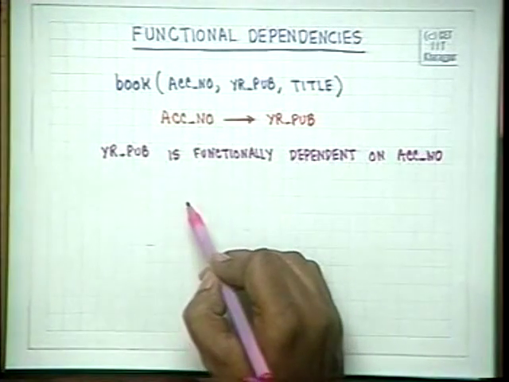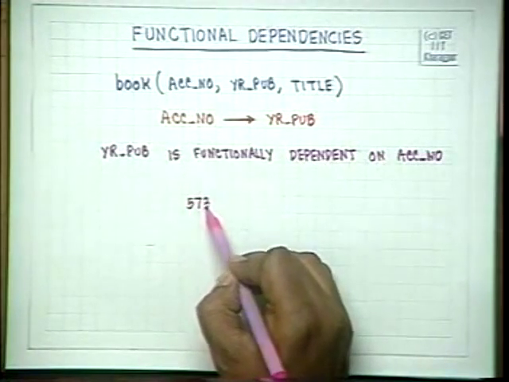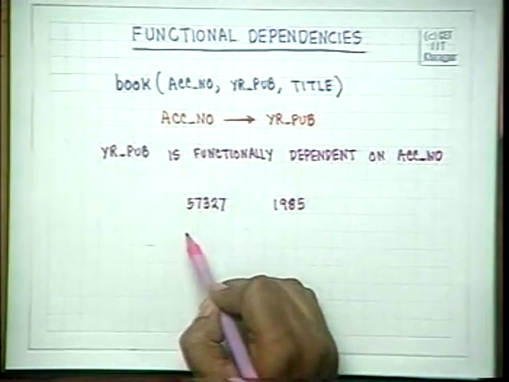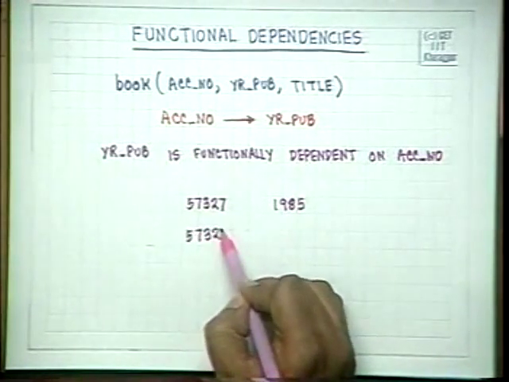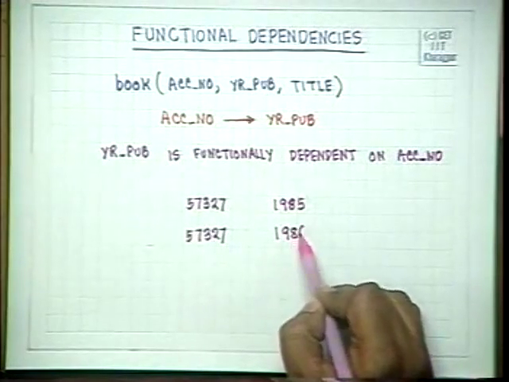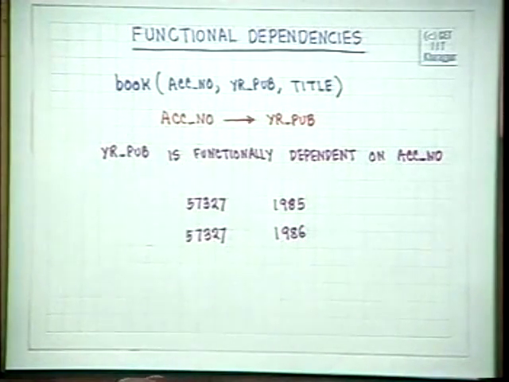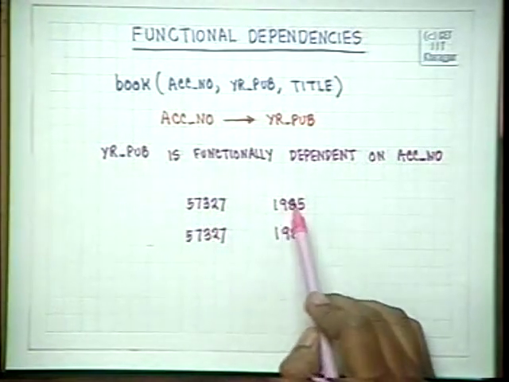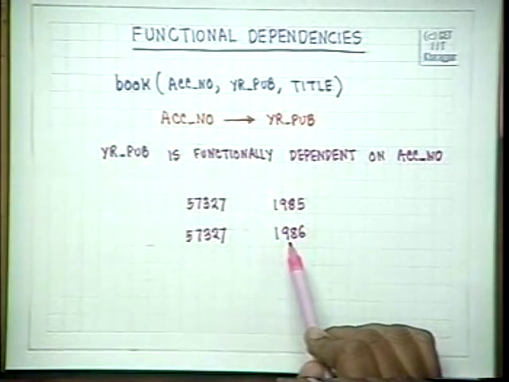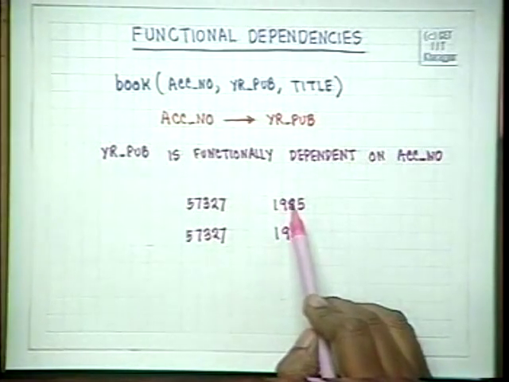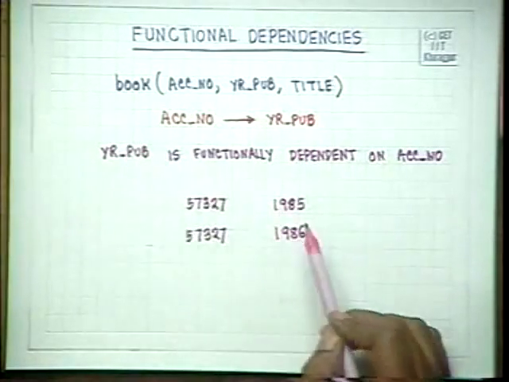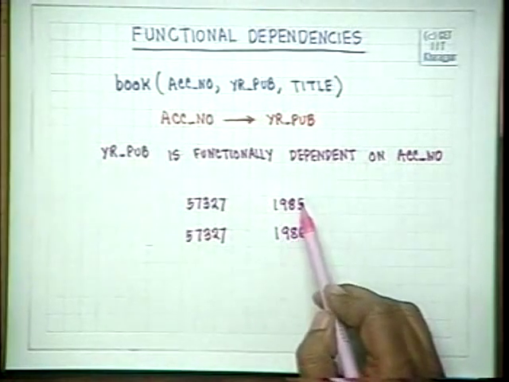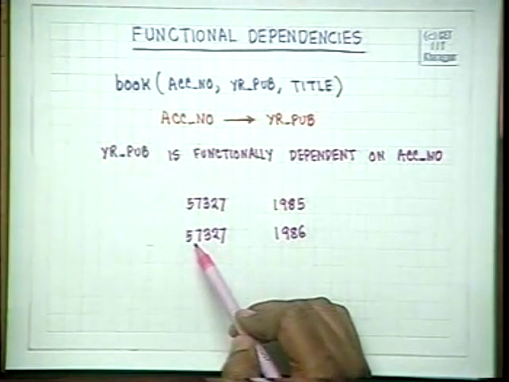But if I specify only this, I can have tuples which have the same values here and different values here.